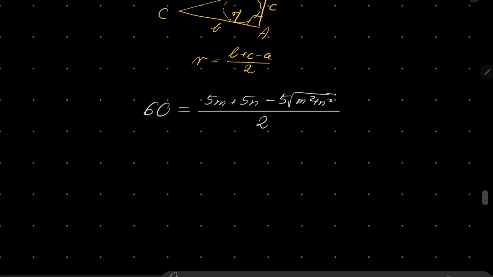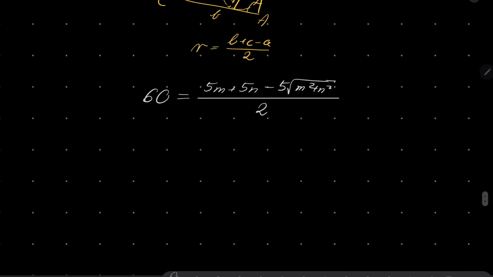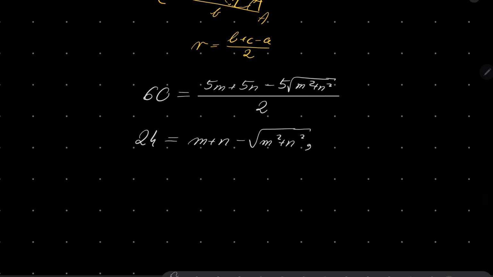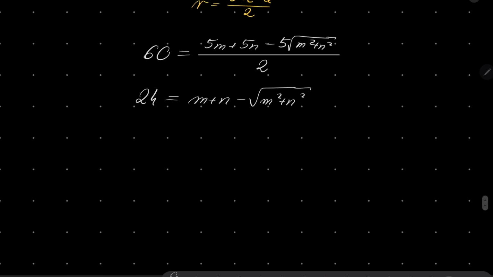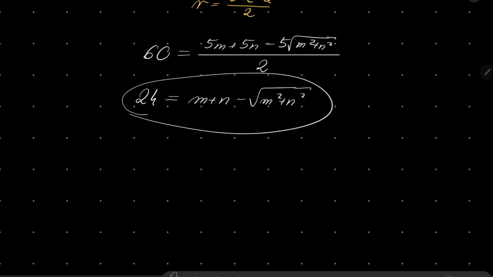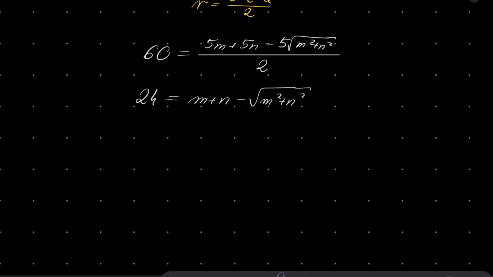All right. And now we can simplify it. It's 24 equals m plus n minus the square root of m squared plus n squared. And now we just want to find the number of positive integers which satisfy this equation. And this will be the number of these right triangles which we seek.